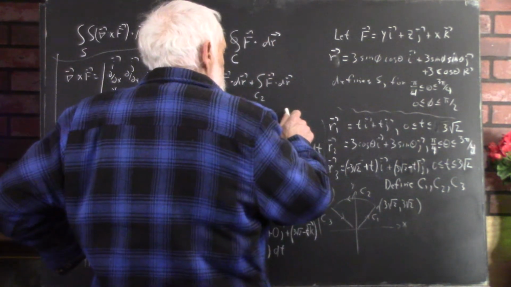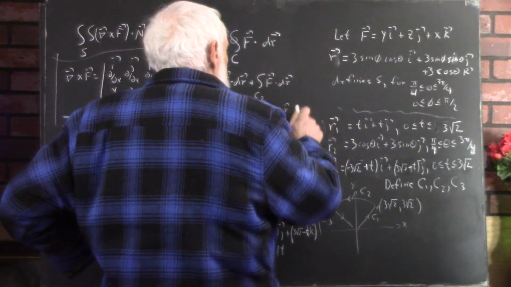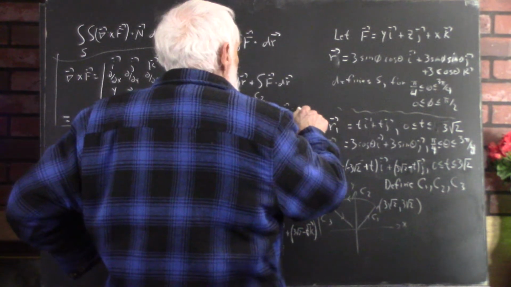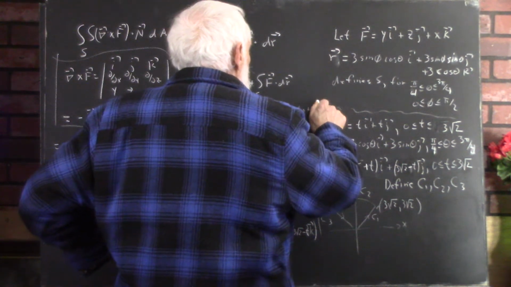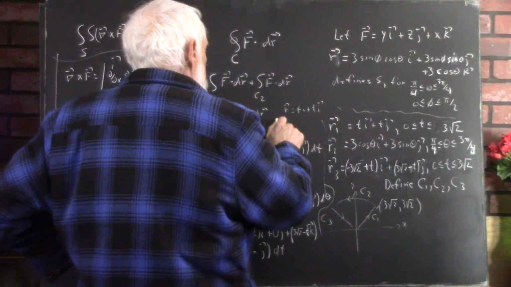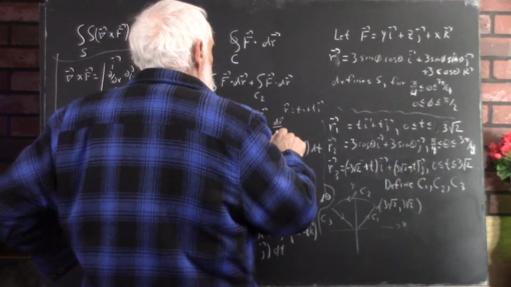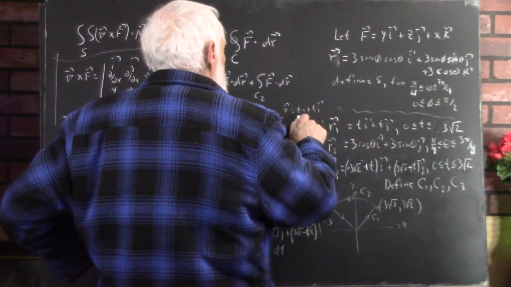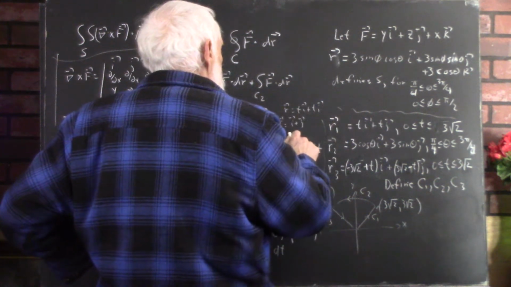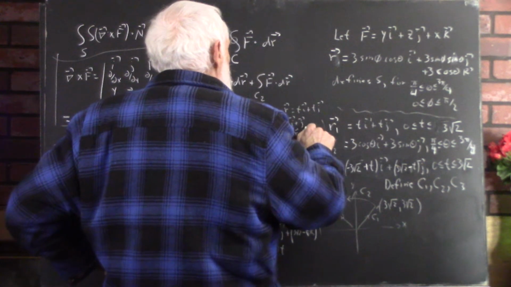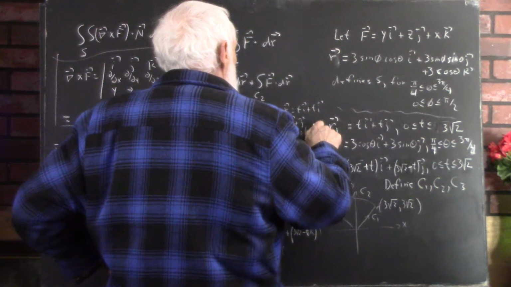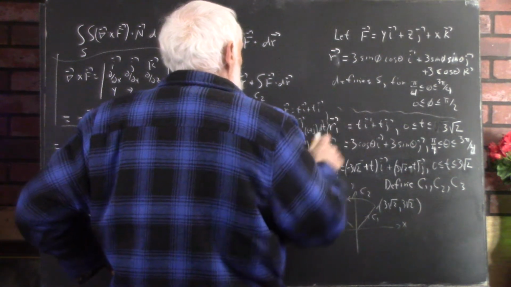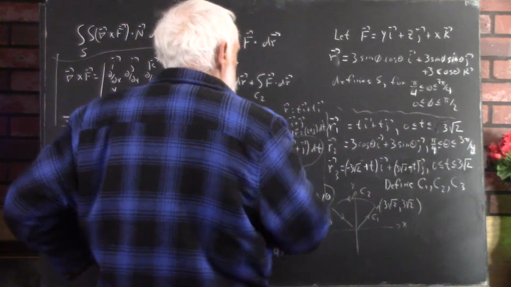So if R on C1 is Ti plus Tj, then dr dt is i plus j, so dr is i plus j dt.